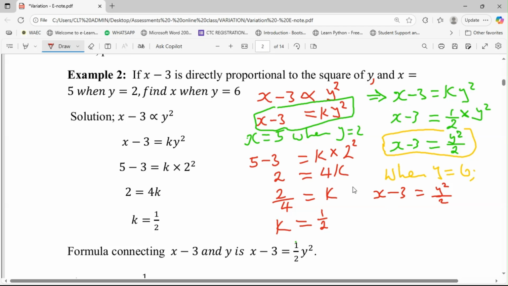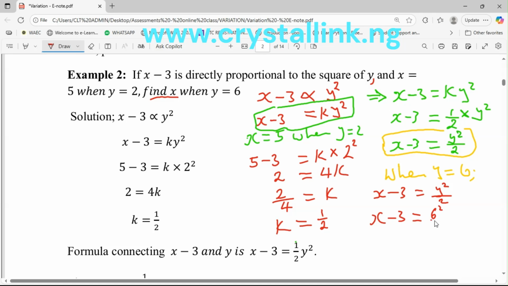So we're looking for x. Find x when y equals 6. So now say x minus 3 is equal to, in place of y squared, I'll put 6 squared all over 2. 6 squared is 36, and 36 over 2 will be 18.